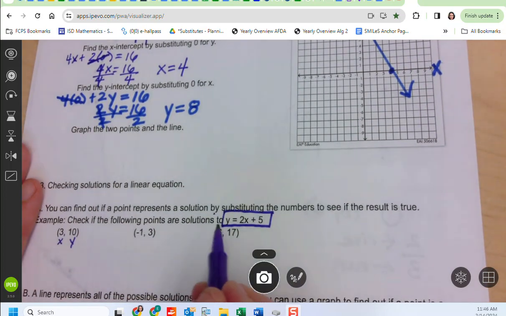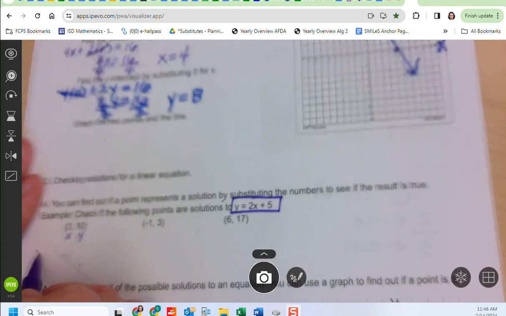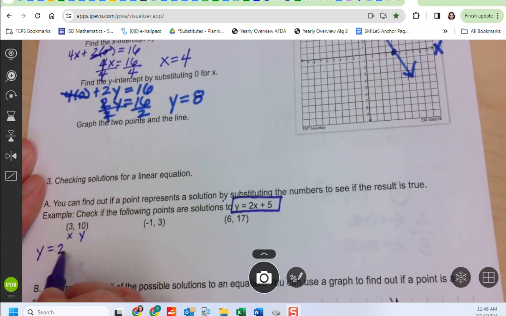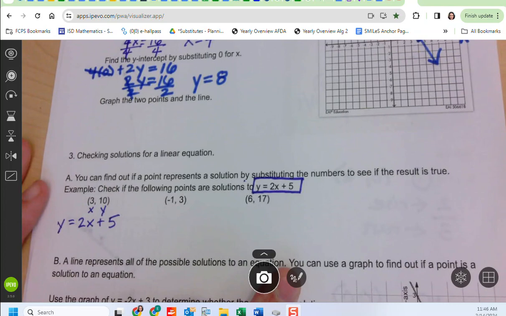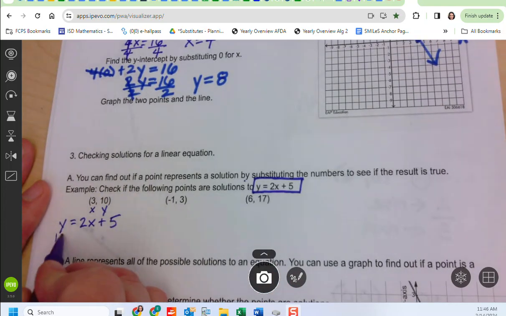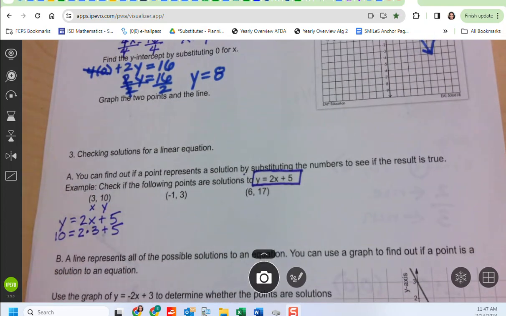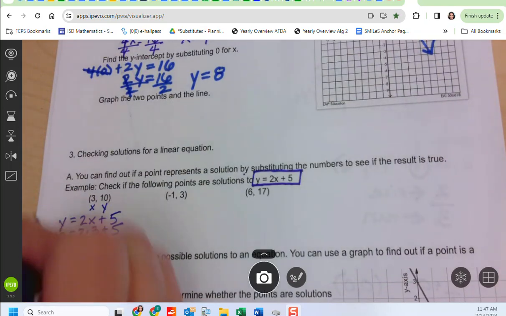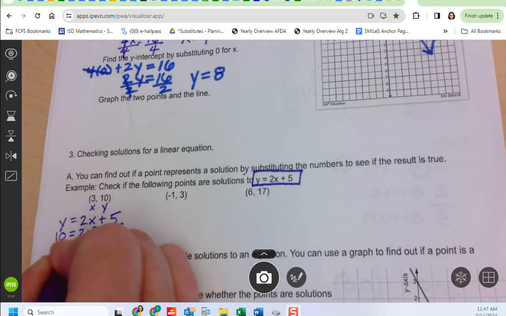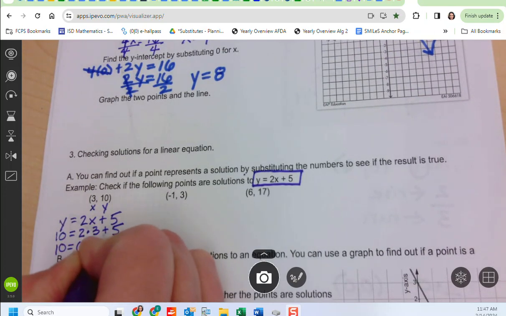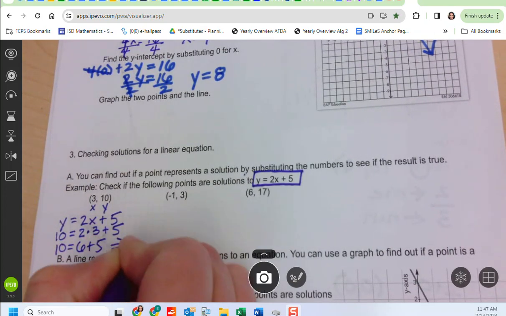So if I'm going to substitute into this equation, I'm writing the equation out again just to be clear what I'm doing. That's the equation. I'm going to put 10 for the y and I'm going to put 3 for the x. So I get 10 equals 6 plus 5, which leads to 10 equals 11.